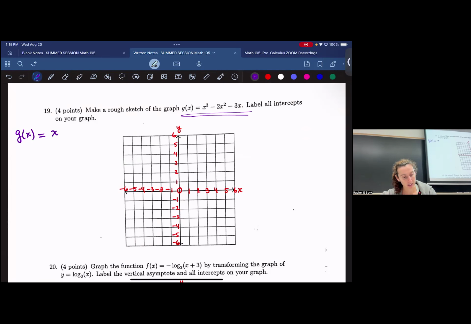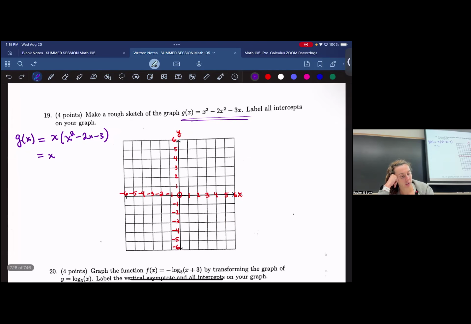I'm going to pull out an x so that I'm left with x squared minus 2x minus 3 in parentheses. And then I'm going to factor even more. I can factor it into x minus 3 and x plus 1. And that helps me out a lot because that gives me all of my x-intercepts, -1, comma 0, comma 3.